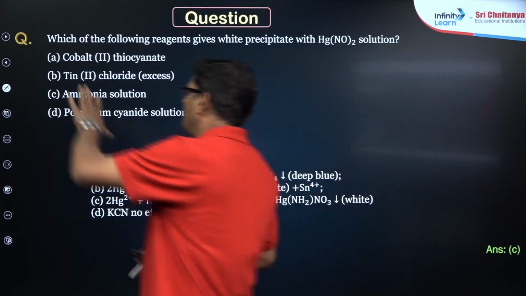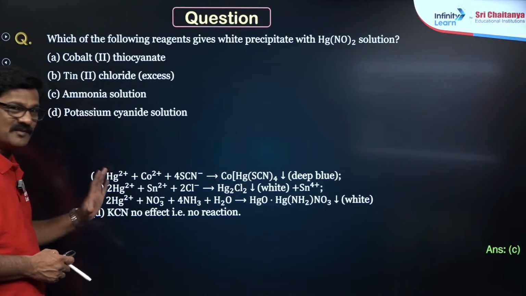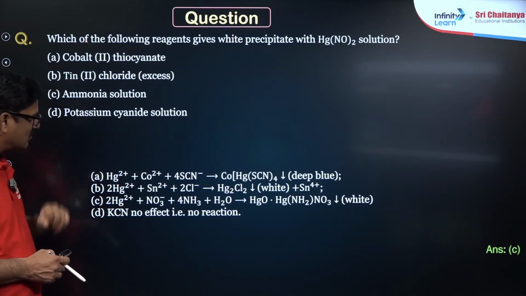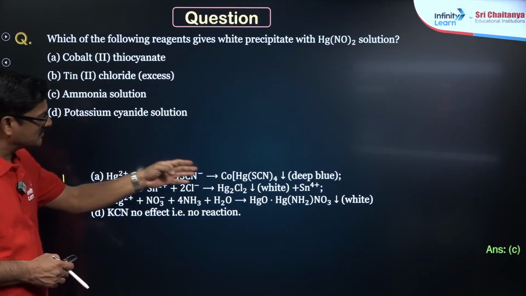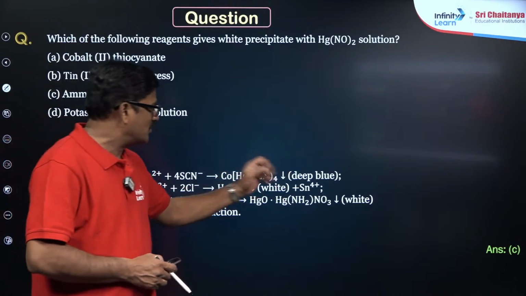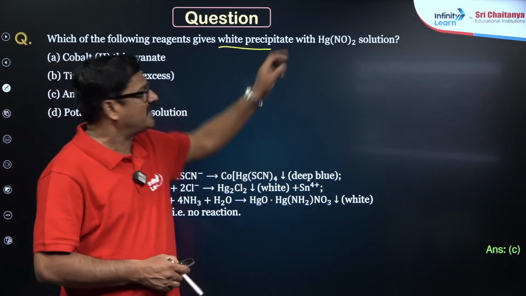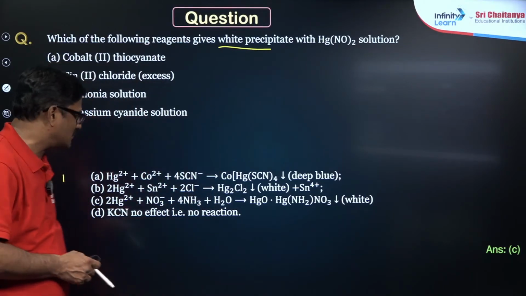Look, I have analyzed the reaction for every option and given it to you. Mercuric Hg2+ is going to react with cobalt and thiocyanate. Cobalt thiocyanate gives this complex, which is a deep blue solution. I am expecting a white precipitate, but because cobalt is there, it is a deep blue solution.